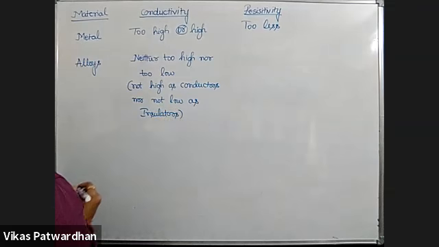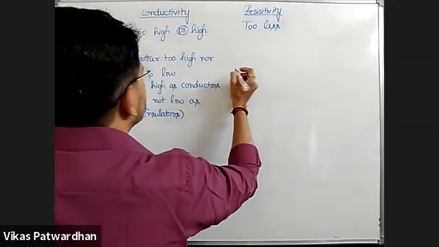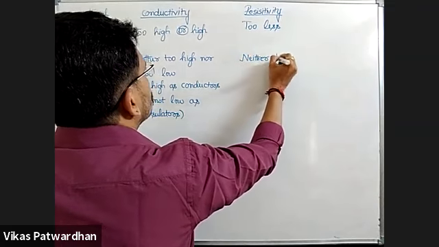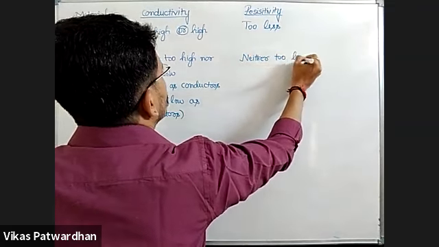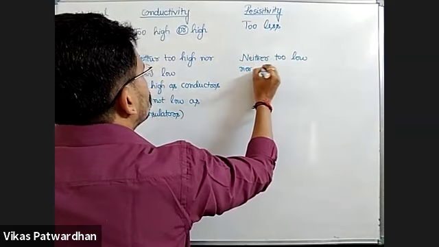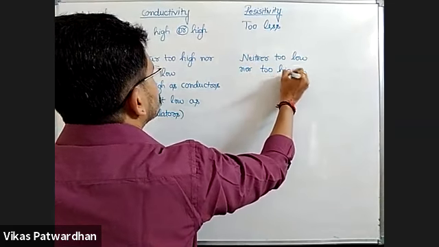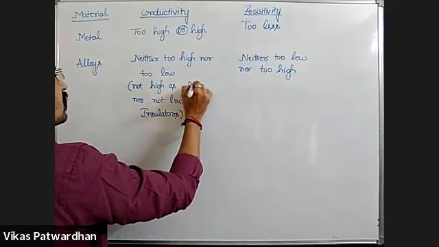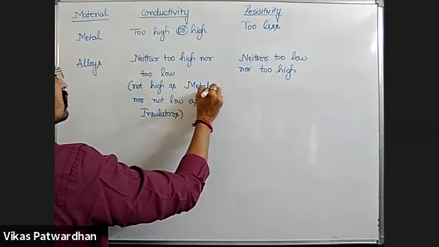Insulators are bad conductors. Resistivity is neither too low nor too high. Because alloy is also a conductor, we change this to metals.